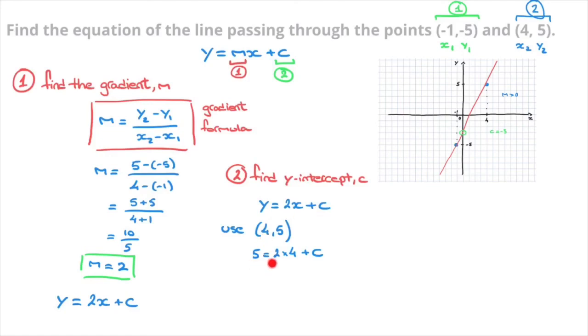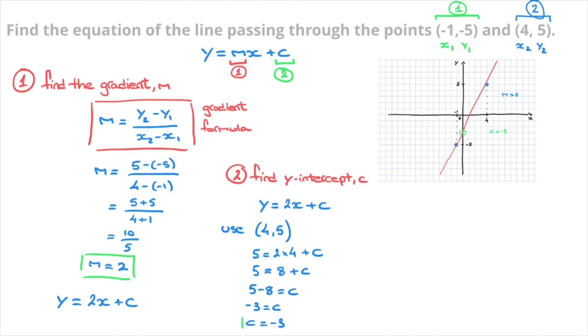And that's how we get this. Now we calculate. 5 equals 2 times 4, which is 8, plus c. And now we can see that we have an equation for c. The only unknown is c, and we can rearrange this to find its value. All we have to do is subtract 8 from each side of this equation. That's 5 minus 8 equals c. And 5 minus 8 is -3, so -3 equals c. Finally, c is equal to -3.